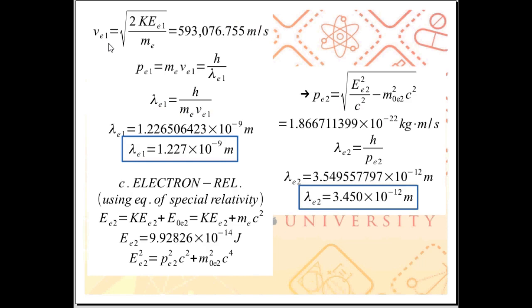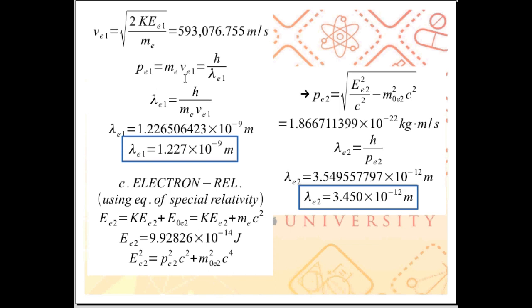Isolating speed, we are able to get 593,076.755 meters per second. So the electron is quite fast, but still, when you compare it to the speed of light, it is very much smaller than the speed of light. So indeed, this is a non-relativistic case.